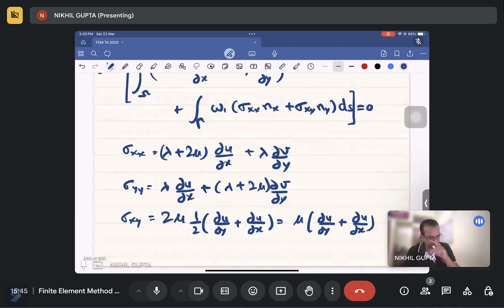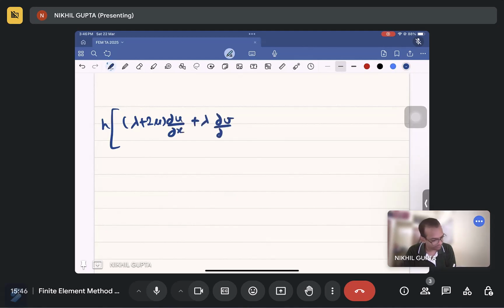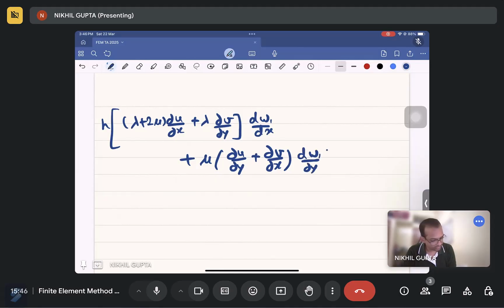So we'll substitute this and we'll get the solution as the integration of h times lambda plus 2 mu del u by del x plus lambda del v by del y, times dW1 by dx, plus mu times del u by del y plus del v by del x, times dW1 by dy, dx dy.